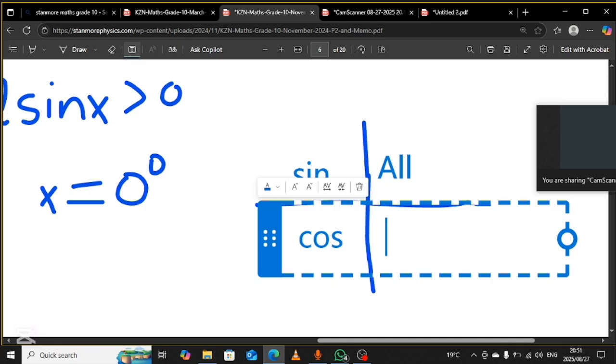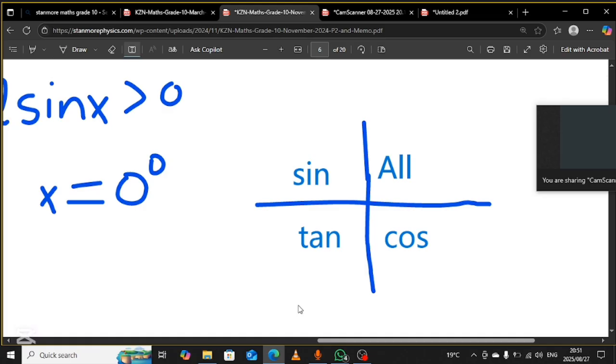And on the fourth quadrant, only tan is positive. So that's where cast actually comes from. Here it's C-A-S-T, cast.